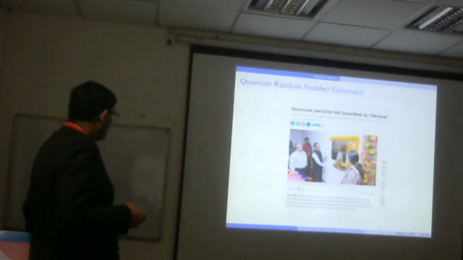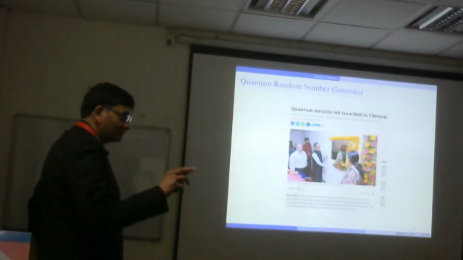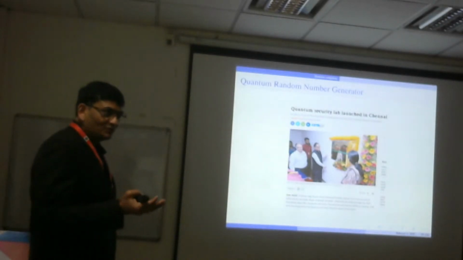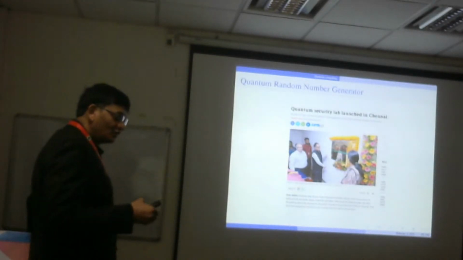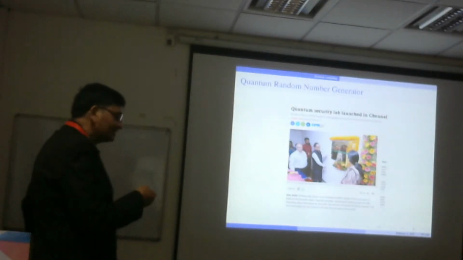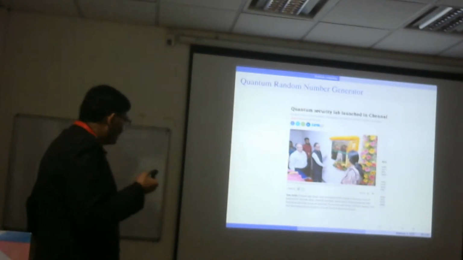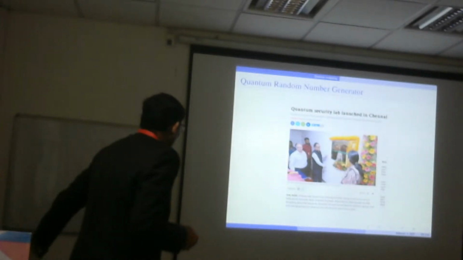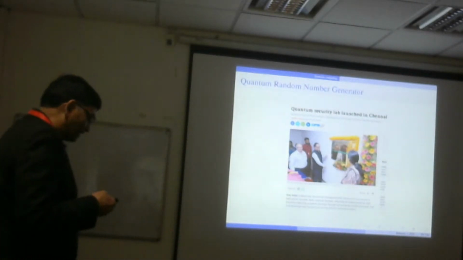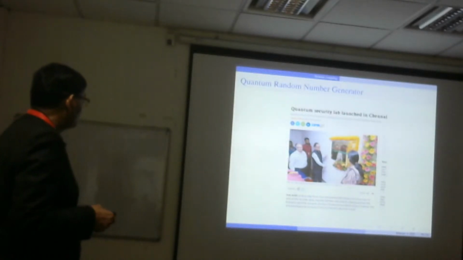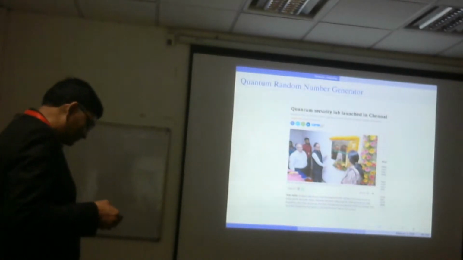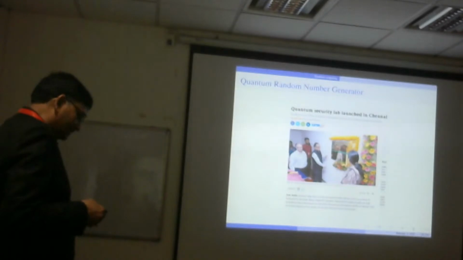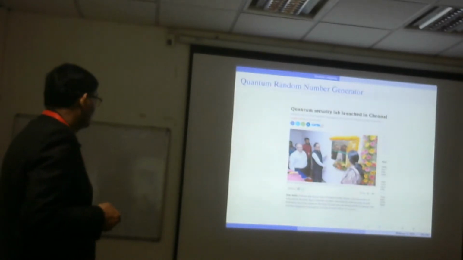So this is all about the gist of what a quantum computer is, and how a lot of things have been done in India as well, in addition to globally. Global research and IBM actually have a lot of quantum infrastructure currently.